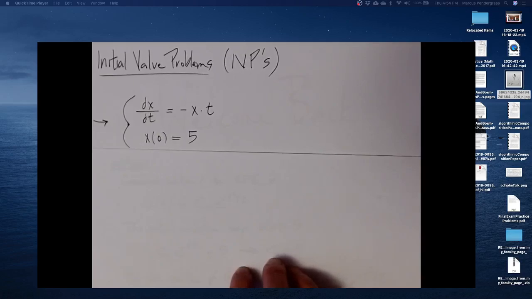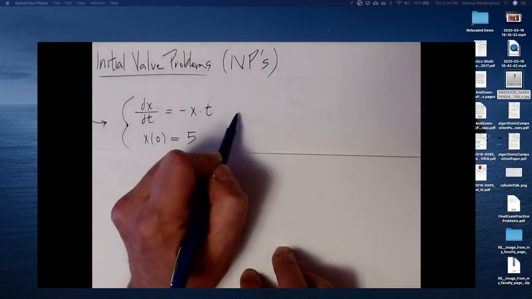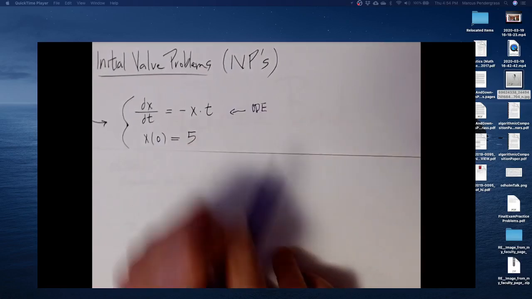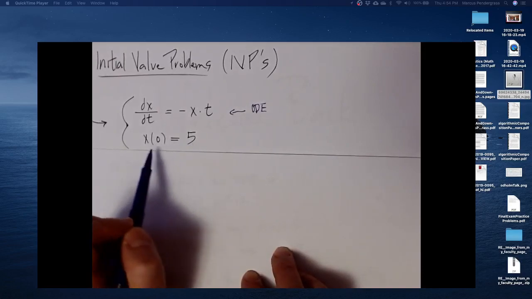An initial value problem has an extra specification that often allows us to solve for that constant. So here's an example of an initial value problem. I've got the same ODE as we had before, so that's my ODE right there. But then I include a condition on the function.